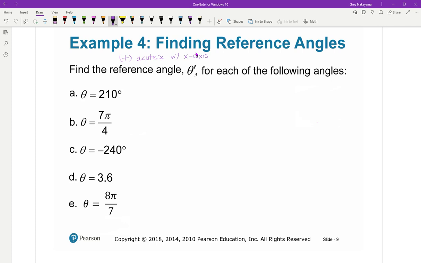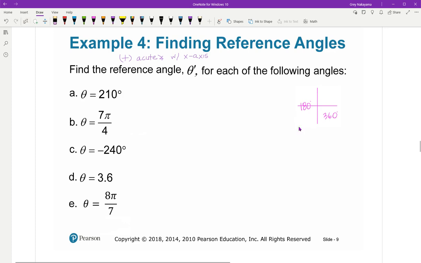And the picture that I draw to help remember it is: if my angle ends in the second or the third quadrant, I'm going to find the difference with 180. And if it ends in the fourth quadrant, I'm going to find the difference with 360. So this first one is 210. And 210 is clearly just past 180, so it's down here.